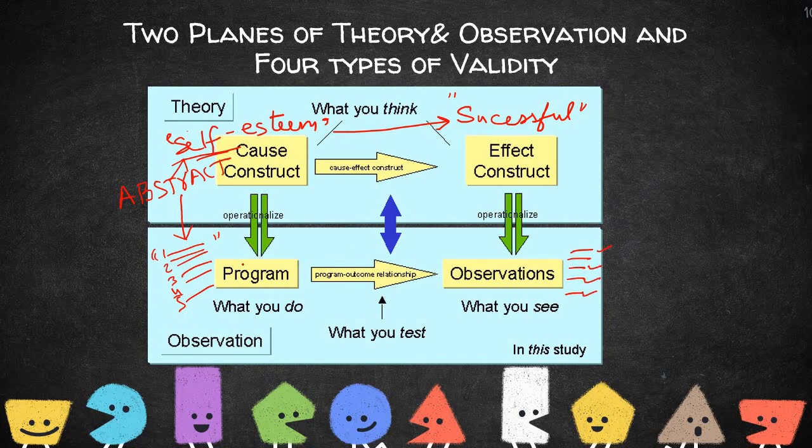So something which is just an idea, what you think, the cause construct, and the effect construct. You operationalize, you arrive at a program or intervention, your tool, what you do, and as a result of that program you arrive at a certain result which you observe.